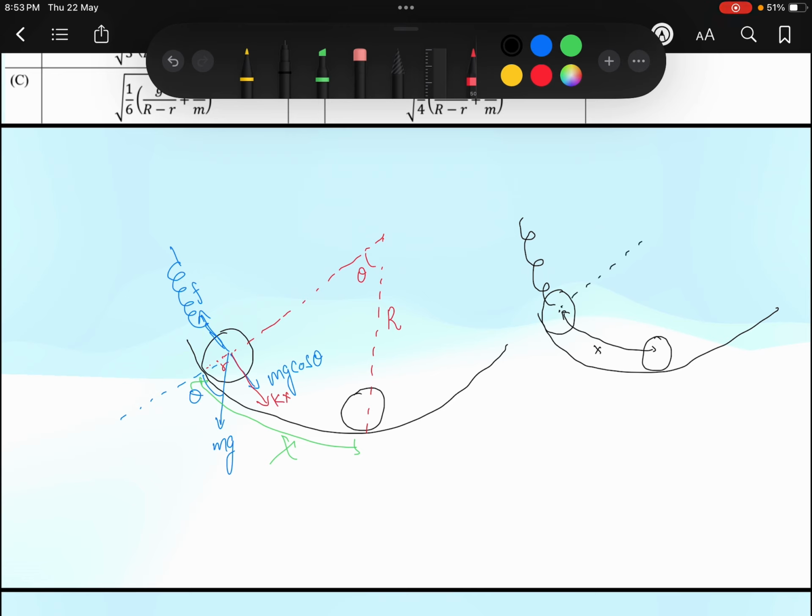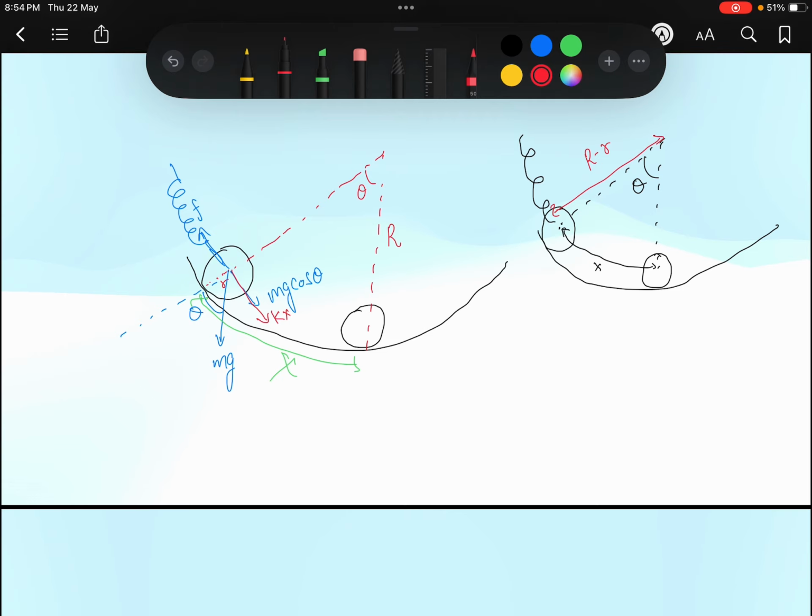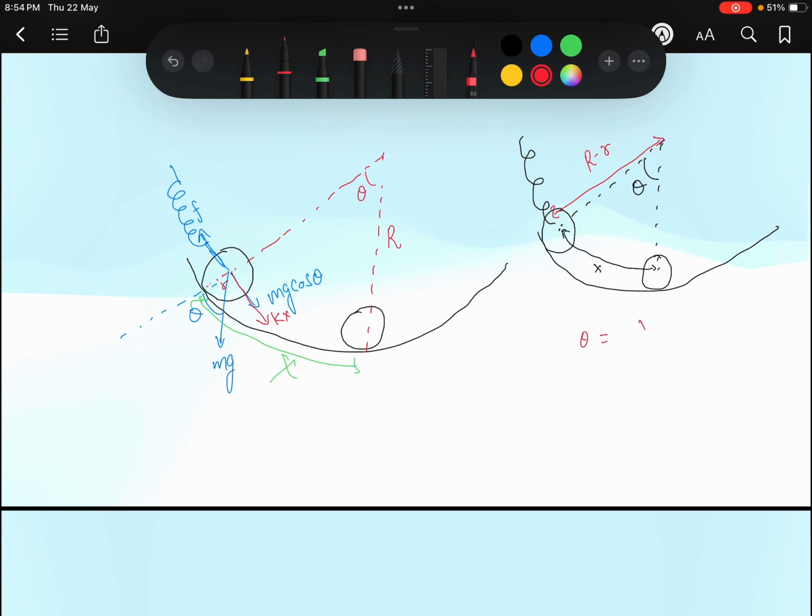If we connect the center of this disk with the center of the ring, this angle will be equal to theta, and this distance from the center of the disk to the center of the ring will be equal to capital R minus small r. Here we can use the simple relation that theta is equal to arc length divided by radius, and arc length is x, radius is capital R minus small r. So x will be equal to capital R minus small r into theta. That is the compression in the spring.